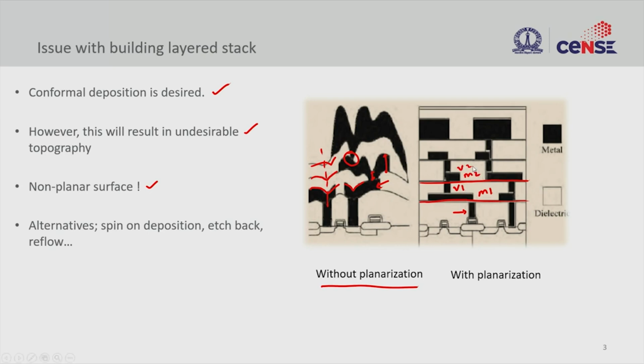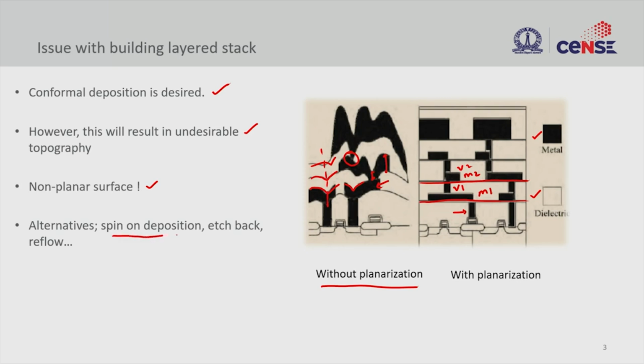In order to achieve this, you are using two types of material: one is metal and the other is dielectric. You want to make sure that you can create this flat surface while having metal and dielectric in place. There are some alternate methods to address this topography issue.